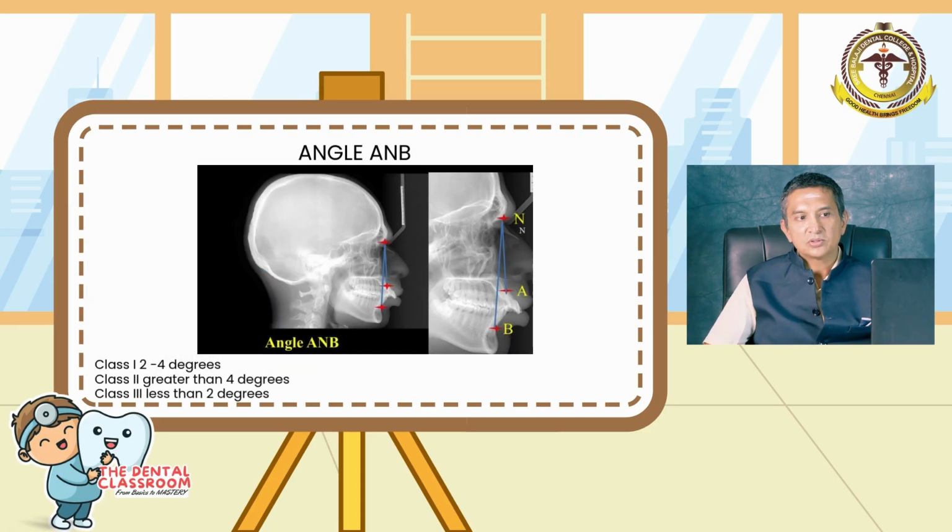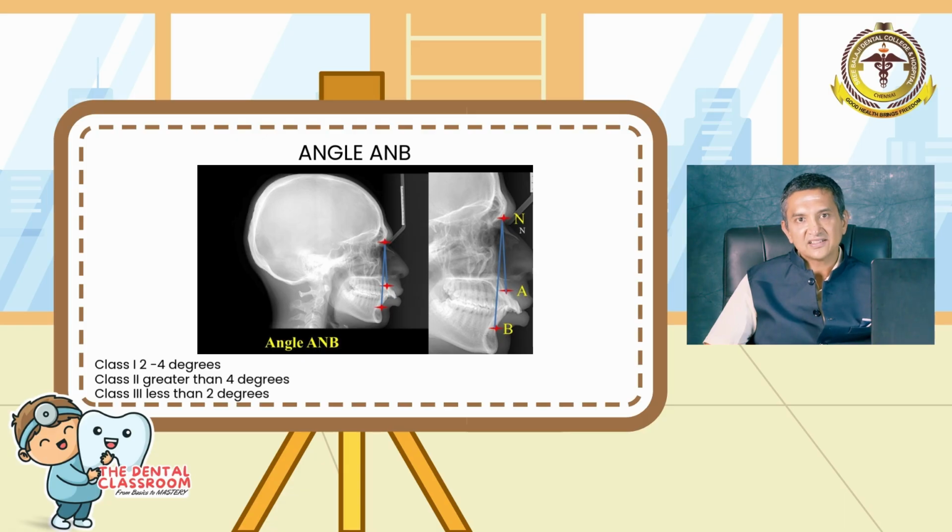Then we go to an assessment of the maxillomandibular relationship. Now that we have defined the maxilla and the mandible as orthognathic, prognathic or retrognathic, we want to know the relationship between them. There are multiple cephalometric parameters, and I would refer you to the article by Shobha Madam in the Journal of the Indian Orthodontic Society, where they have spoken about 21 such parameters.